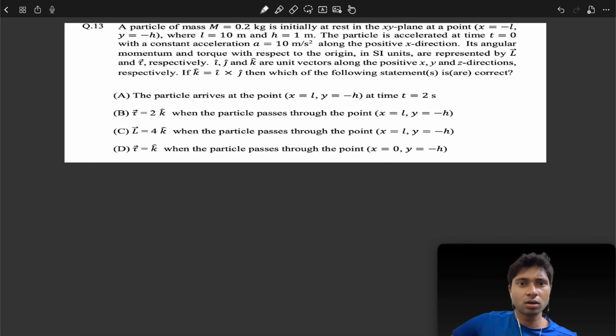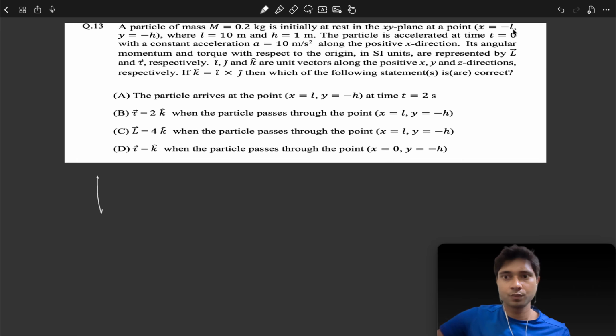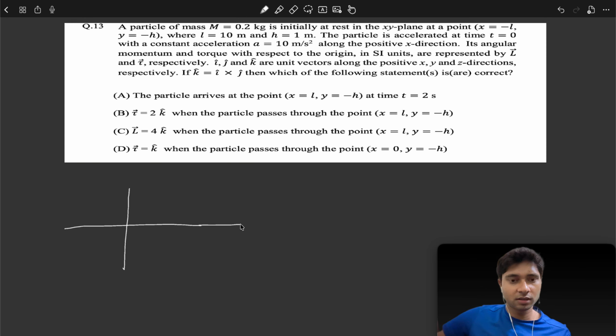Cool. So I can just draw it. Suppose this is our xy plane. Let's not draw the z-axis. Initially the particle was here.